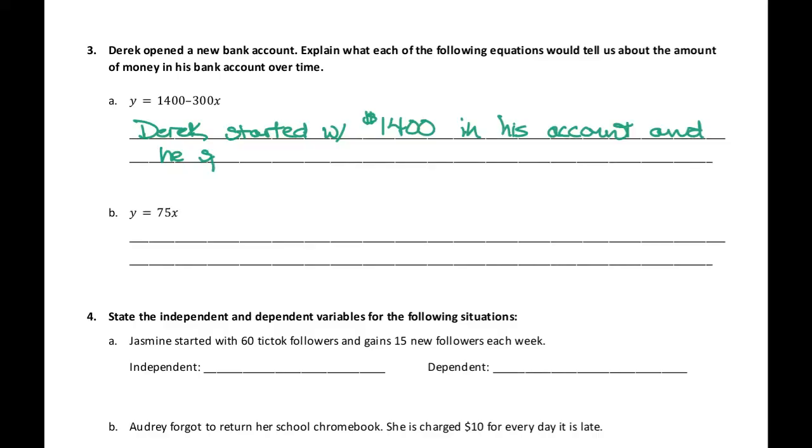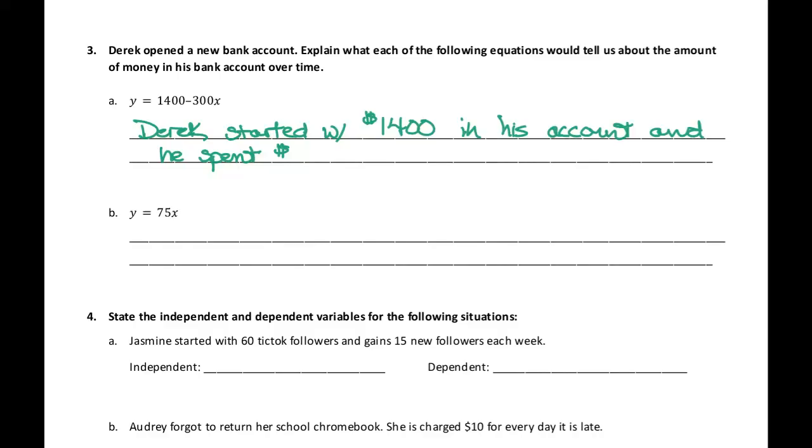So he spent. It's true, but we need to use a word that shows a negative, that it is decreasing from the account. So he either spent it, he lost it, he donated it, something like that.